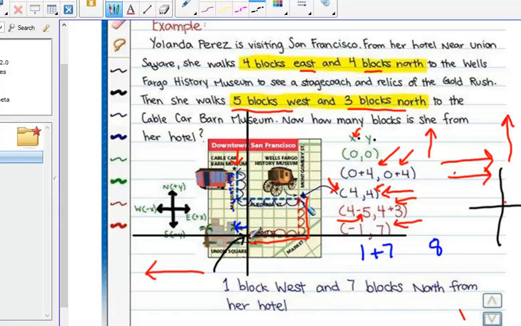And again, all we're doing, we need to look at this starting point as 0, 0 on a coordinate plane, and then just move or translate, because this is translation, but a translation is simply moving a point. And this point is you walking. 1, 2, 3, 4 blocks to the right, and then 4 blocks up, and then 5 blocks over, and another 3 blocks up.